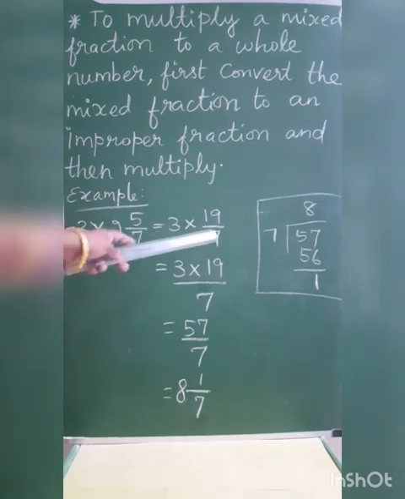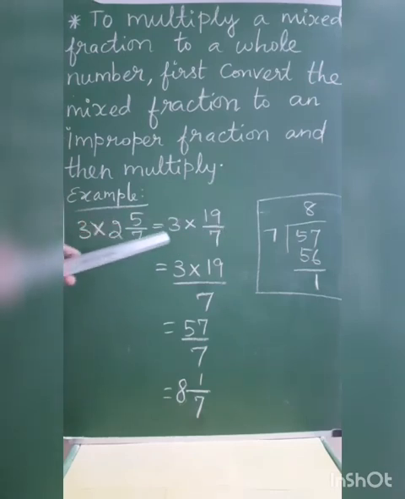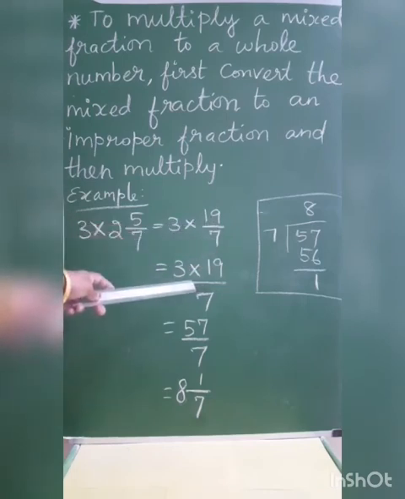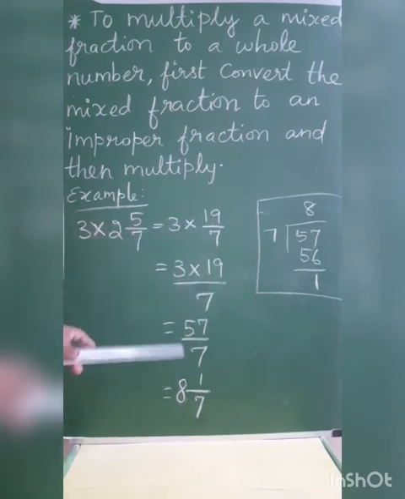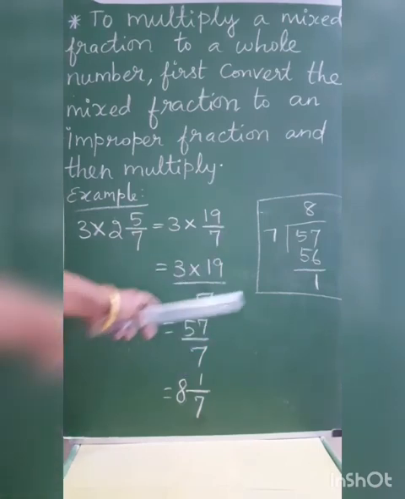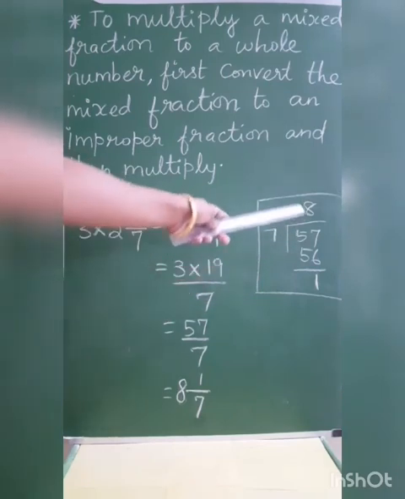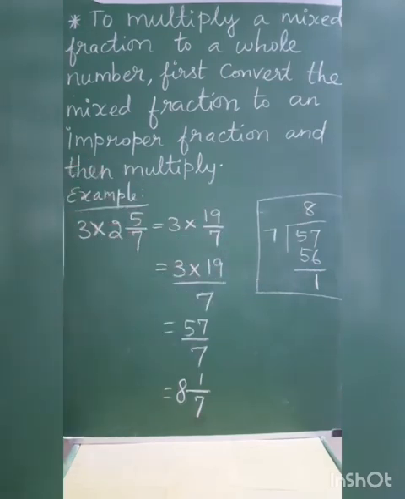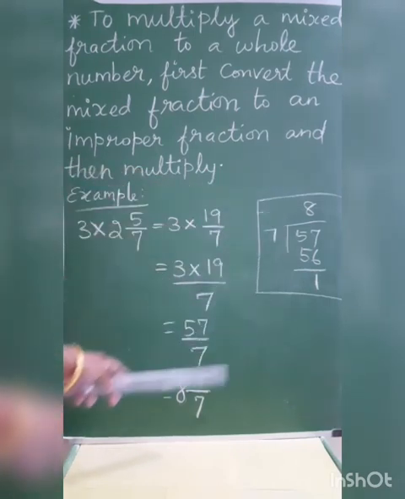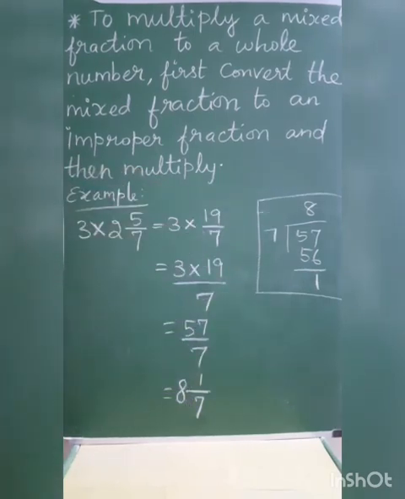Now the whole number multiplies with the improper fraction, so the whole number multiplies with the numerator: 3 into 19 by 7. 3 19s are 57, the denominator is 7. It is an improper fraction, so change it into a mixed fraction. 57 divided by 7: 8 7s are 56, the remainder is 1. The quotient is your whole number, the remainder is your numerator and the divisor is your denominator. So the answer is 8 1 by 7.